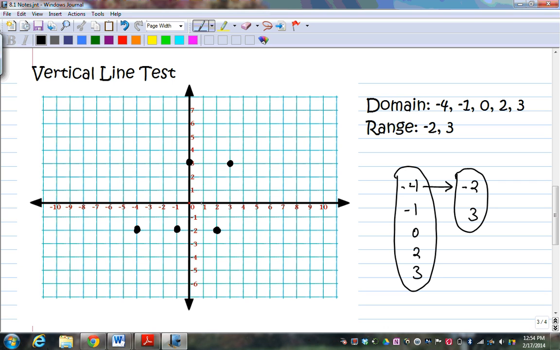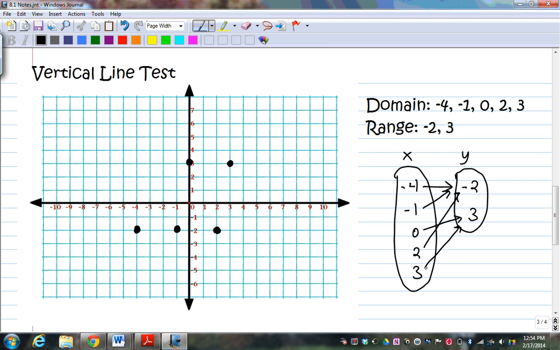And then our next one, -1, goes to -2. And then 0 goes to a +3. And then we go out to 2 goes to -2. And then 3 goes to 3.